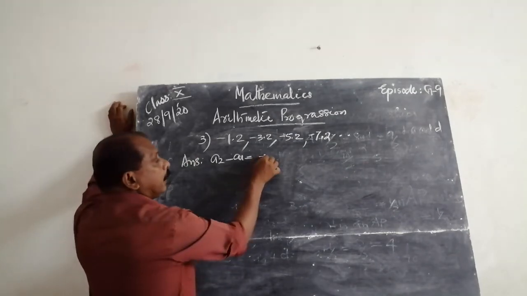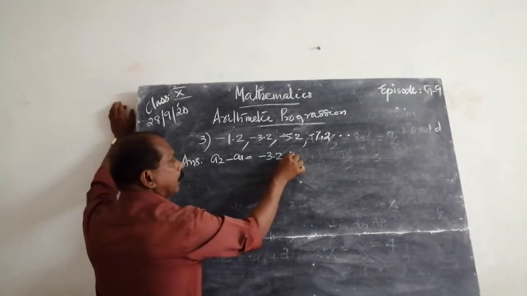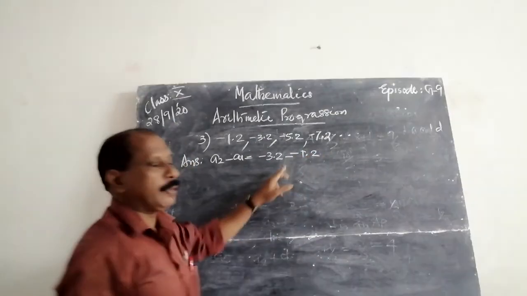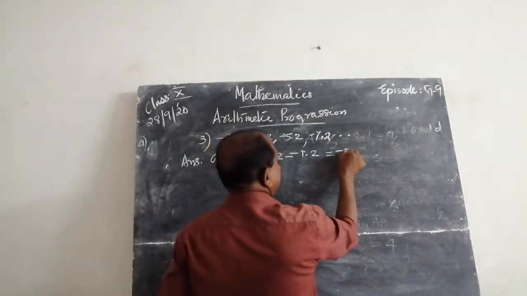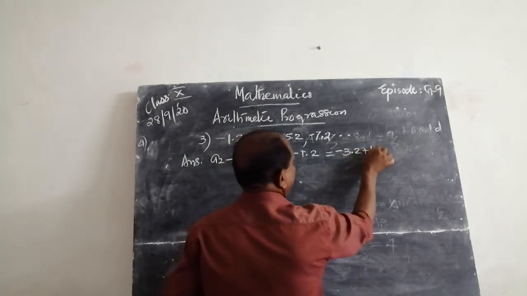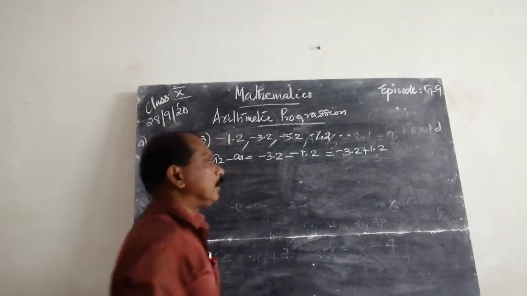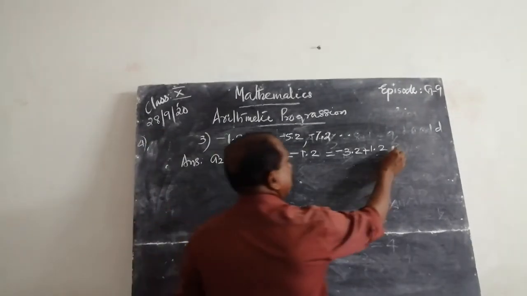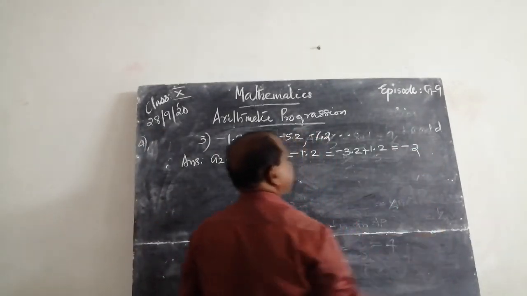Minus 3.2 minus 1.2. That is equal to minus 3.2 plus 1.2. Difference is 2. Highest number is minus. Therefore, minus 2.